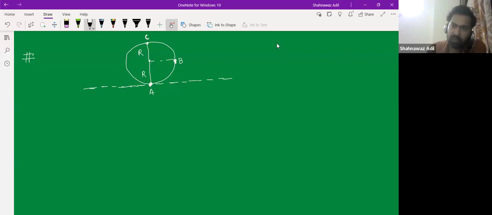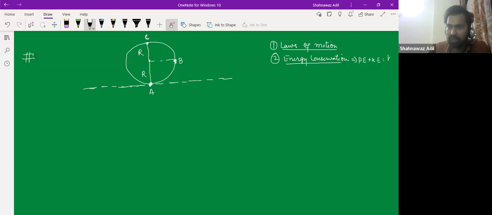If I talk about these points, I have 2 concepts. One is Newton's laws of motion. The second concept is energy conservation, which means that potential energy plus kinetic energy is conserved.